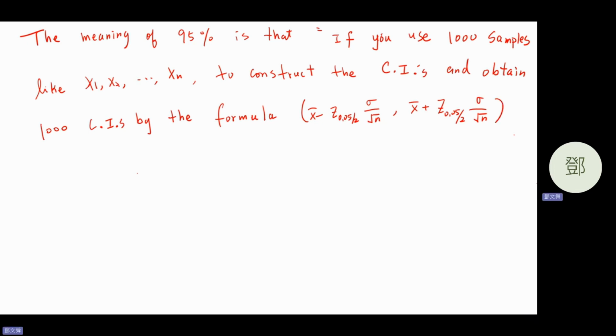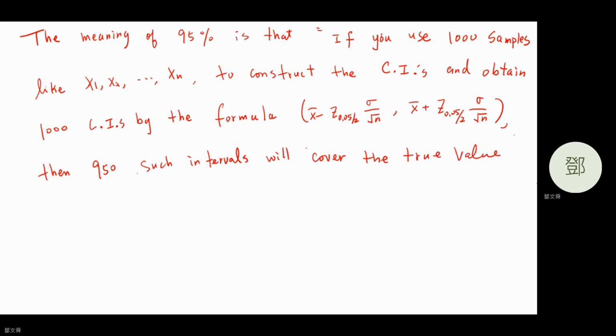Now you have such intervals. You have 1,000, then 950 such intervals will cover the true value of mu.